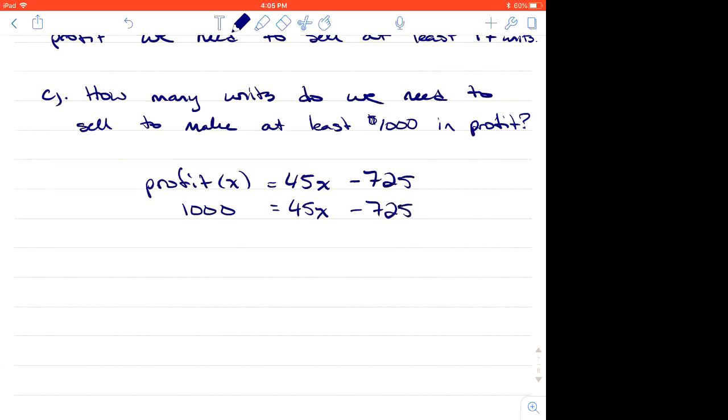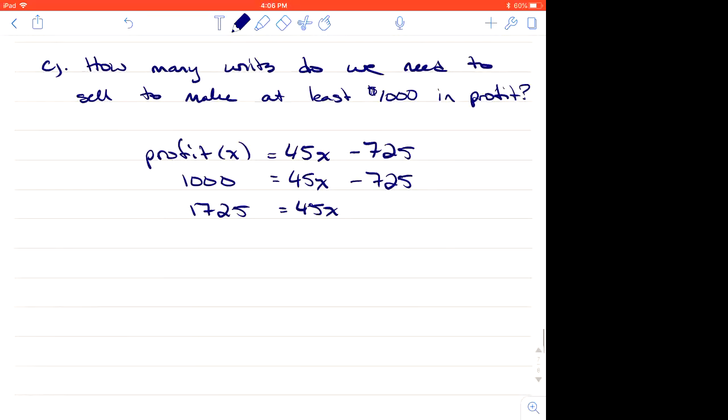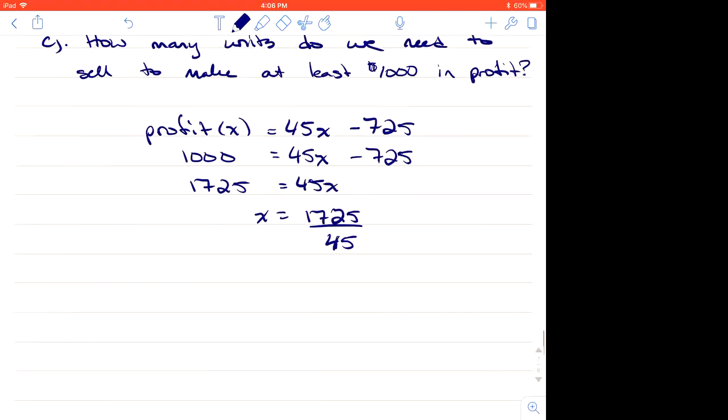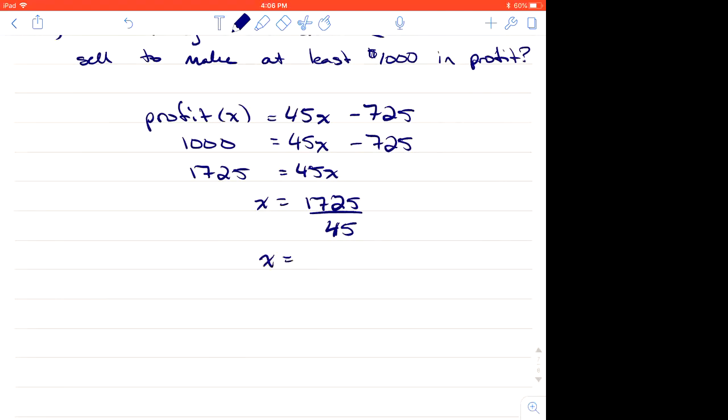And so we have to add 725 to both sides. So we get 1725 is 45x. And then x is going to be 1725 divided by 45. 38.33 repeating.